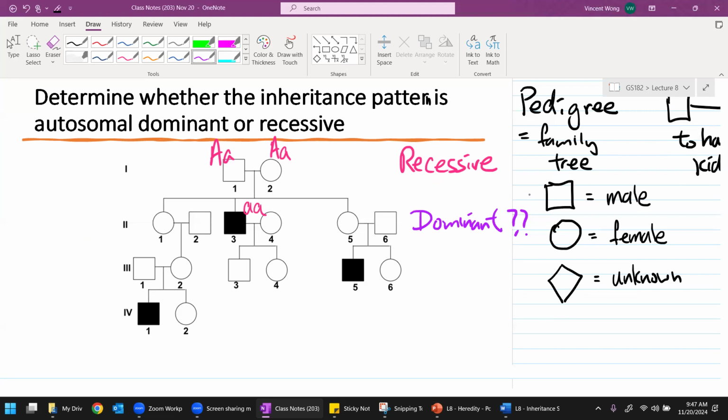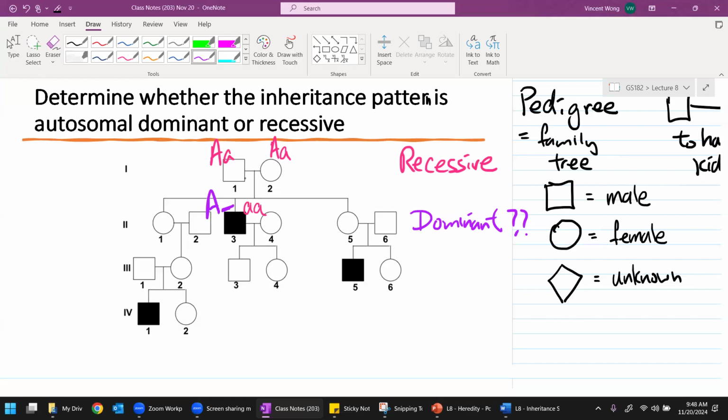He must have a capital A, right? But we are not sure whether the other half is also capital A or a small a. They have the trait. If it's dominant, they might be big A, big A, or big A, small a.